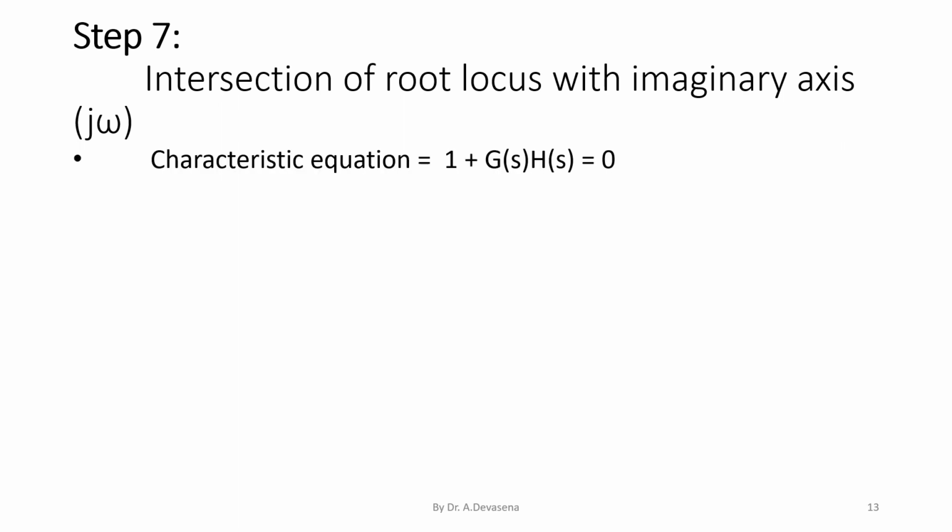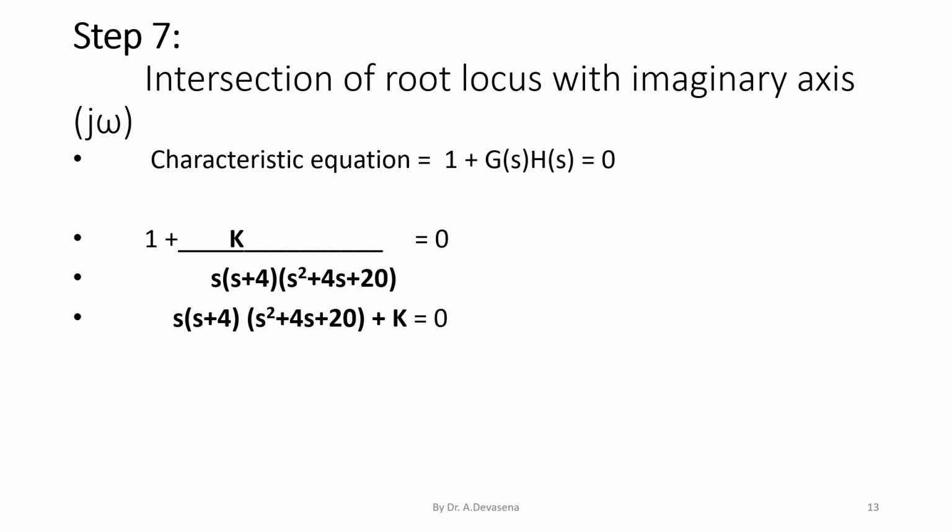For that we have to consider the characteristic equation 1 plus g of s h of s is equal to 0. In this problem, the value of g of s h of s is equal to k divided by s into s plus 4 into s square plus 4s plus 20. Therefore, we get 1 plus k divided by s into s plus 4 into s square plus 4s plus 20 is equal to 0. If we simplify this equation, we get s into s plus 4 into s square plus 4s plus 20 plus k is equal to 0.